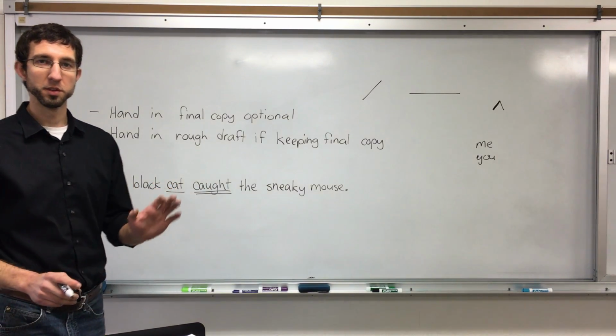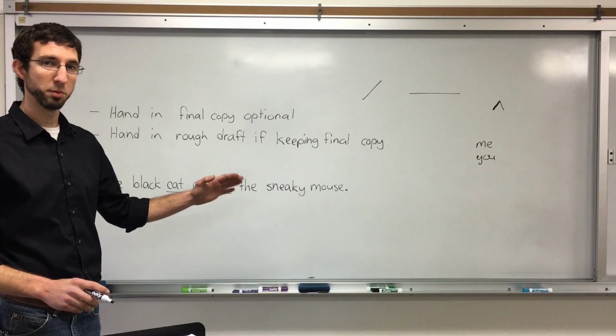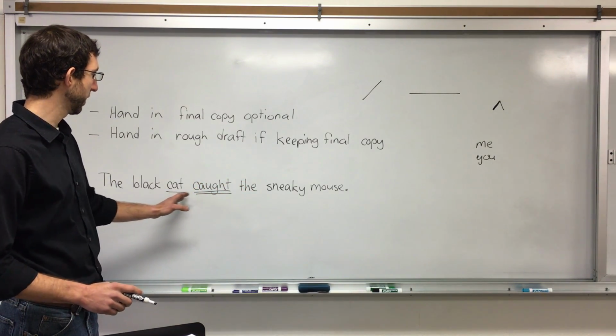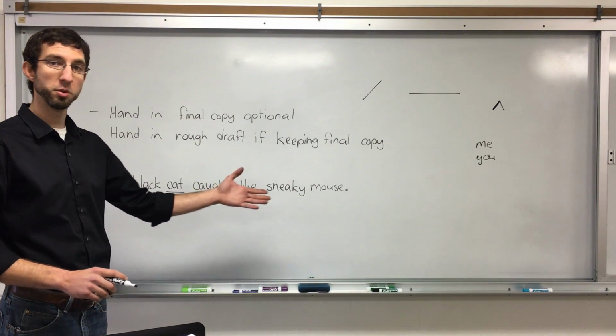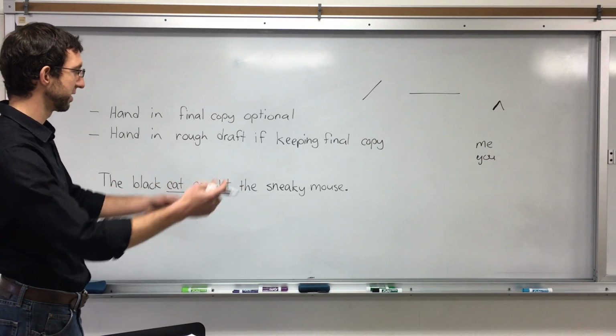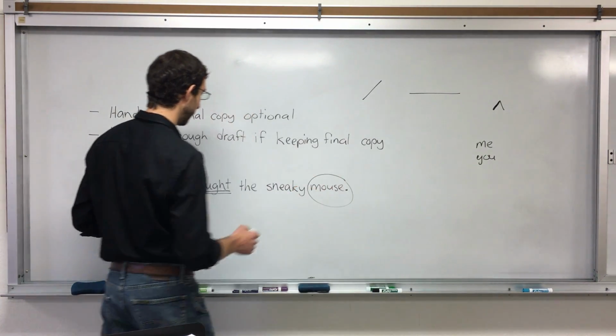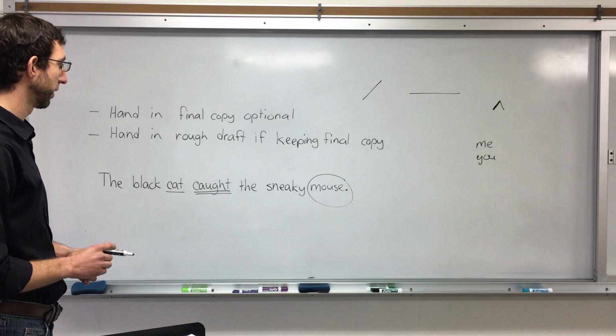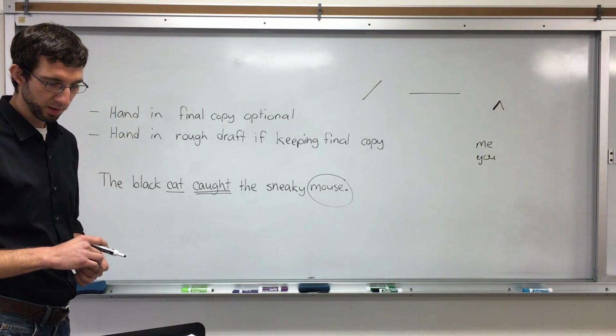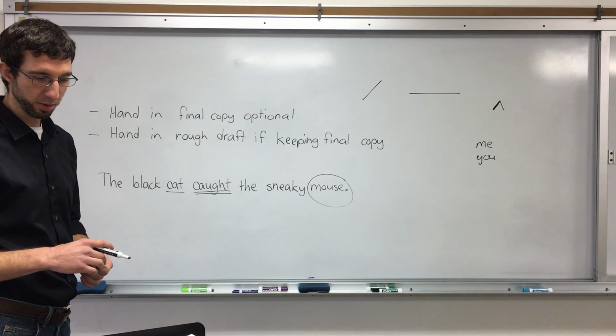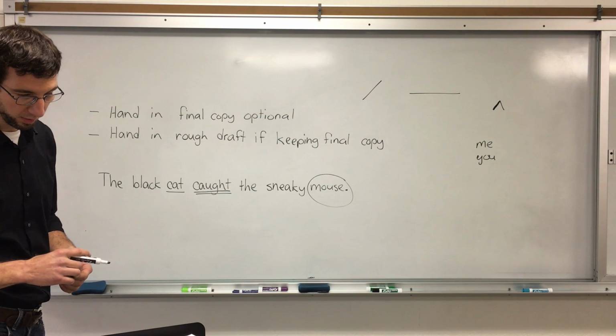Now, to find the direct object, we ask whom or what. After saying these two, cat caught whom or what, and it pops out just like that, mouse. Cat caught mouse.